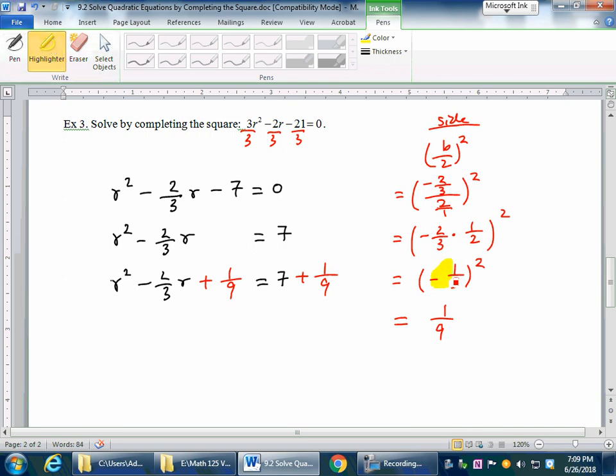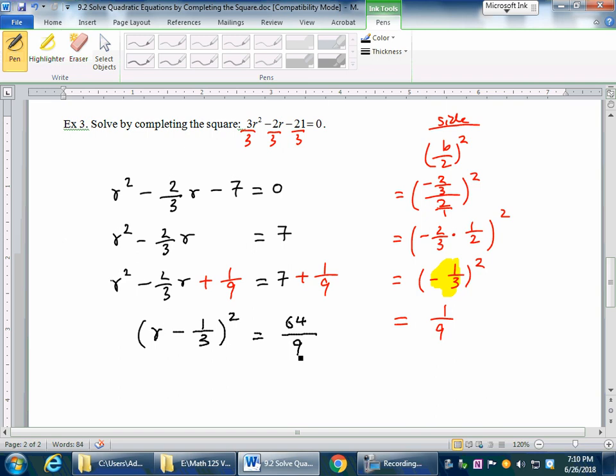The factor will always be the number before we square it. So quickly I can say that my factor will be r minus 1 over 3 squared. That is equal to 7 plus 1 over 9. That will give me 64 over 9.